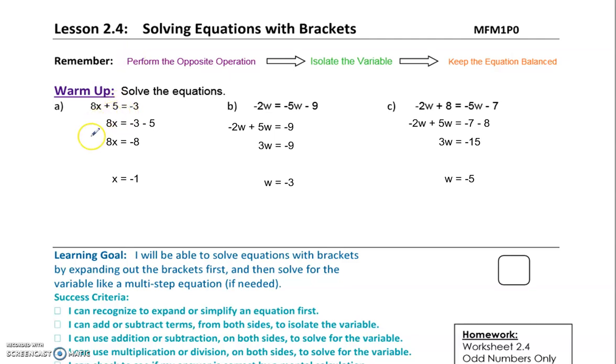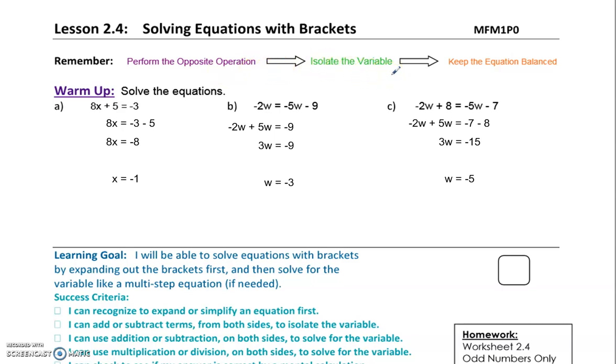I've already pre-written the solutions. I've typed them out, and I'm going to use my mouse to just write on top of them to explain my solutions. Okay, so throughout solving these types of questions, which were the ones that we saw before the March break from 2.1 to 2.3, we always performed opposite operations in order to isolate the variable.